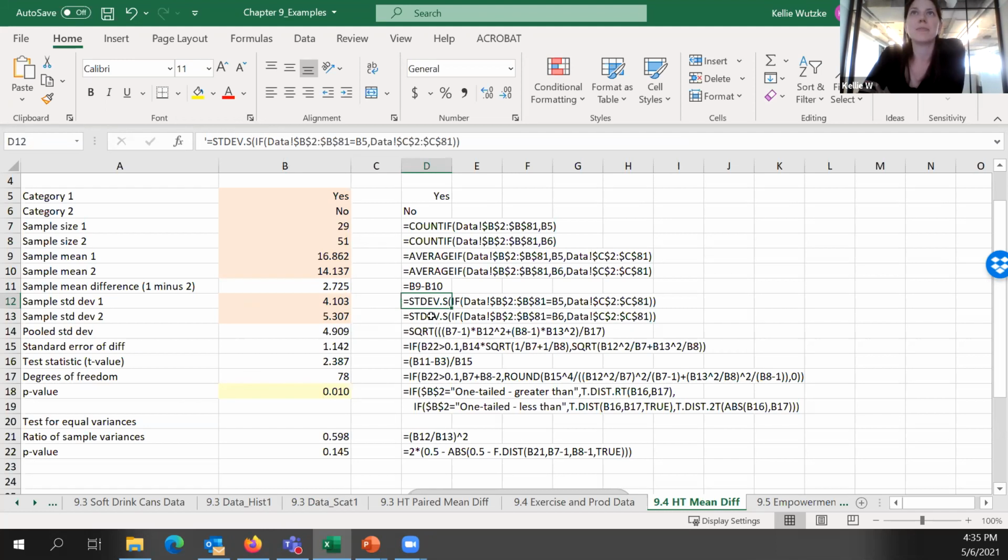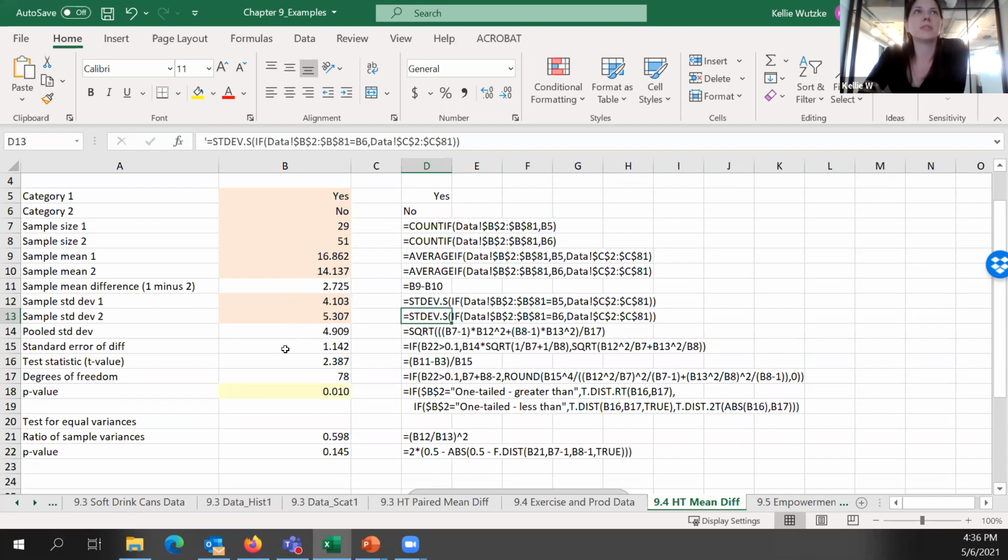Same thing for no, except they changed the criteria. So there's our standard deviations for each. So the average rating for exercisers had a standard deviation of 4, and there was more variability in the non-exercisers, which kind of makes sense, I guess.